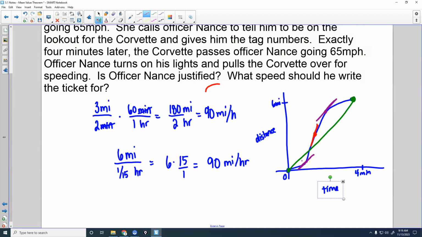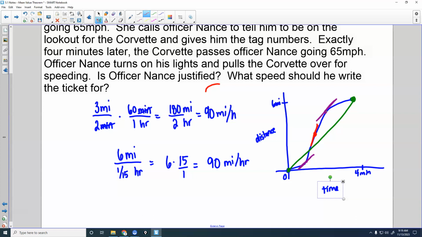He had to go faster than 90. Now, we can't prove what that speed was, so mathematically, I would write the ticket for 90 miles an hour. He went faster than 90 miles an hour without a doubt, because he could not be going 65 at the end points if he had not gone faster than 90 in the middle. But the minimum speed that he was going was 90 miles an hour.